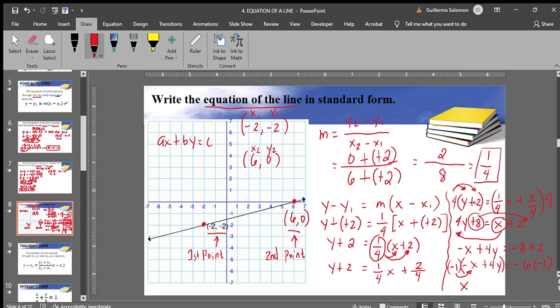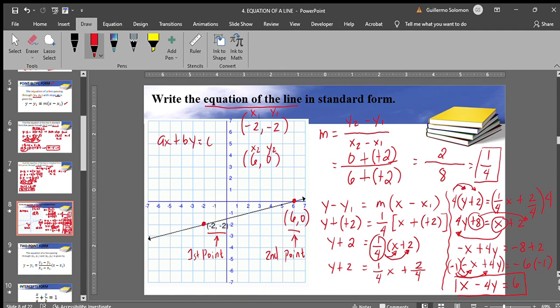So, negative 1 multiplied by positive 4y, it will become minus 4y. Okay? Next is equal to negative 6 and multiplied by negative 1, that is positive 6. So, our equation of a line is x minus 4y is equal to 6. So, this is the final answer. X minus 4y is equal to 6. So, this is our final answer.